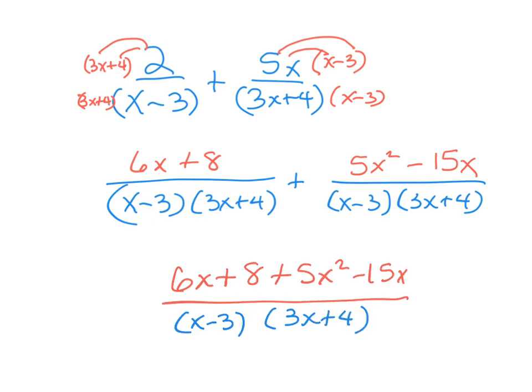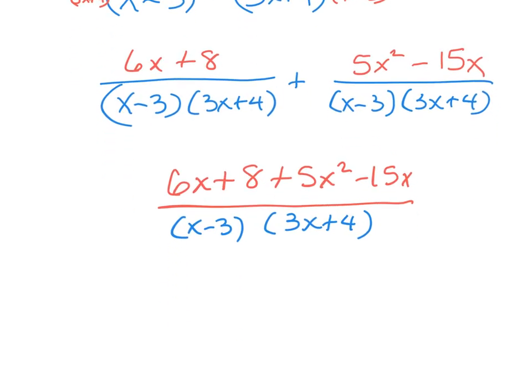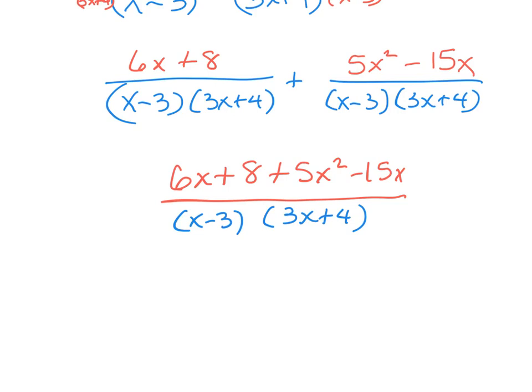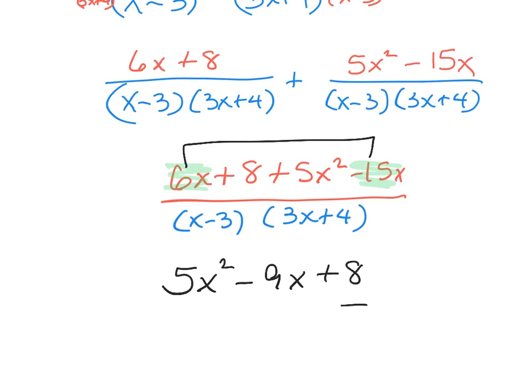I now need to go back and combine my like terms. So I have the 6x and the negative 15x. Those are the only things I can combine. I'm going to go ahead and write this in standard form just to see if possibly I could factor it. So I'm going to write the 5x squared first. Then I'm going to combine these two. This gives me negative 9x and then plus 8.